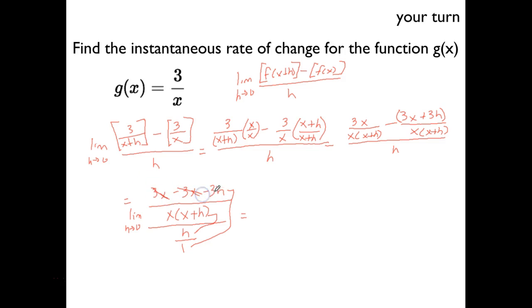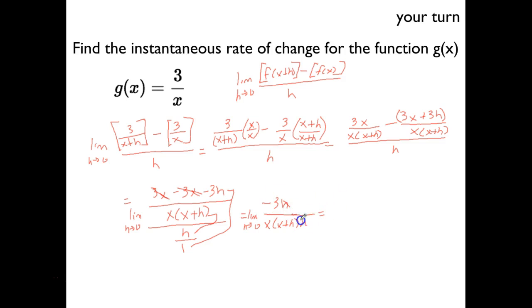3x minus 3x leaves us with just negative 3h. So negative 3h times 1 is negative 3h over x times x plus h, all times h. And we do the limit as h approaches 0. Okay, notice if I plug in 0 now, it still leaves me with a 0 on the bottom.